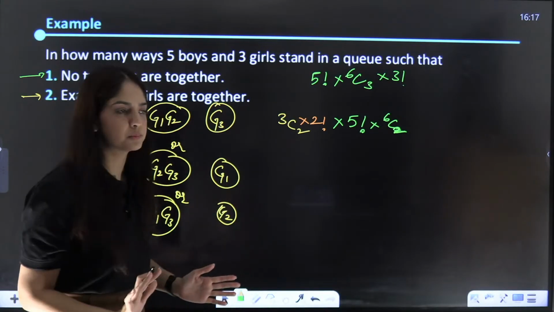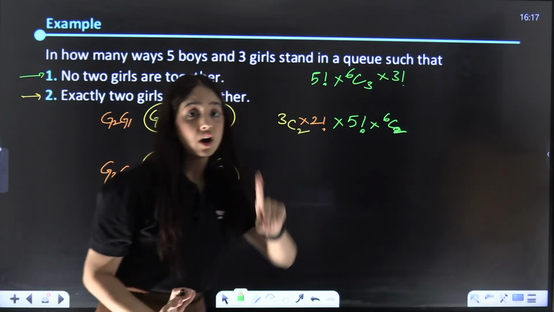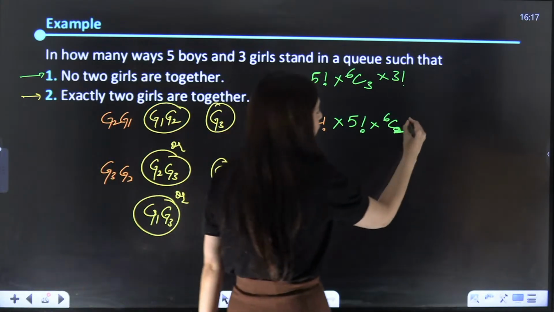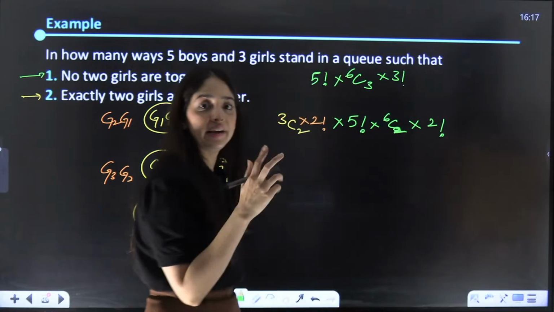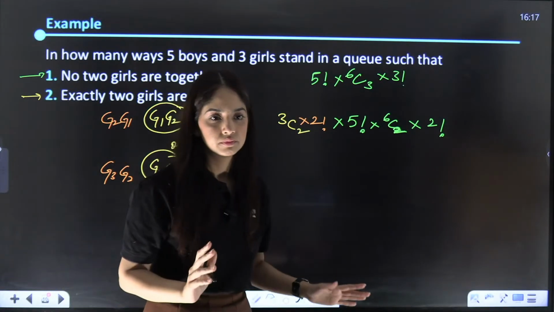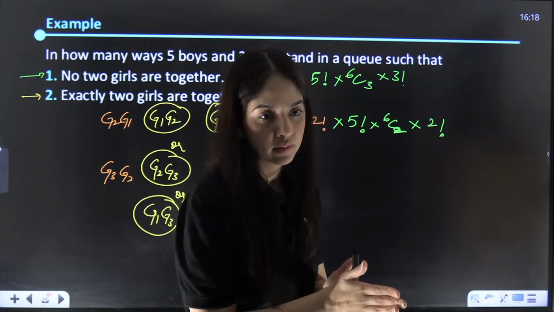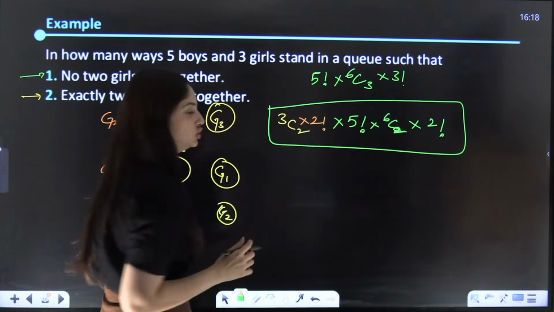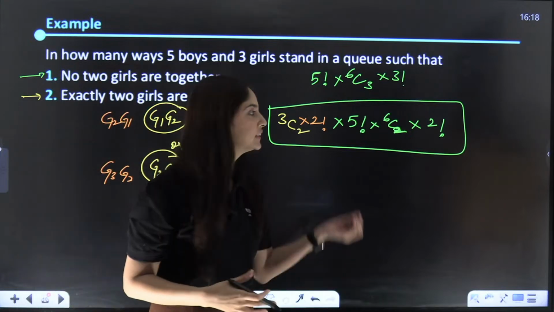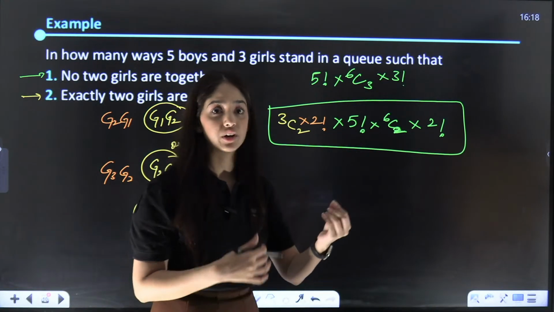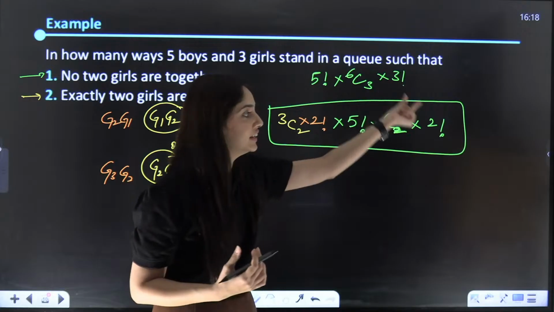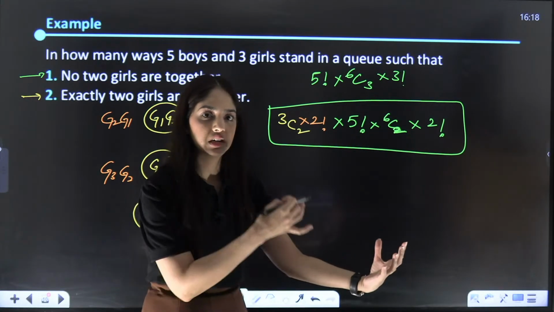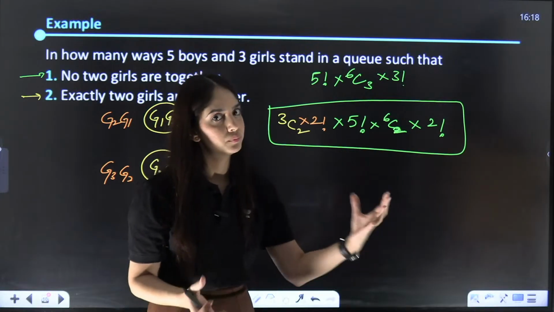So we place them in the gaps. So 6C2. But because these units are not identical, they are different, so another 2 factorial to arrange these 2 units. Alright. So this is the final answer. Just make sure you're counting every case and keep multiplying, because for each of these 6C2 there will be 2 possible arrangements, the unit first and then the independent girl, or the independent girl on the left and then the unit together.